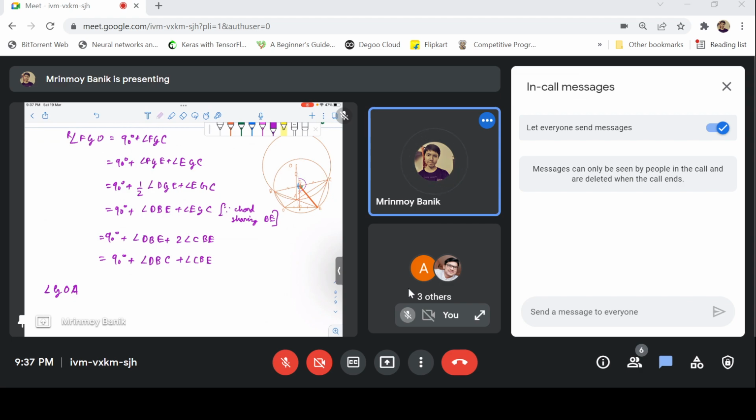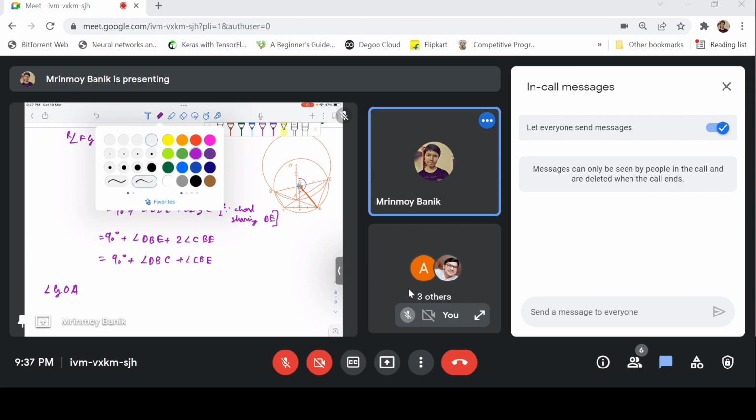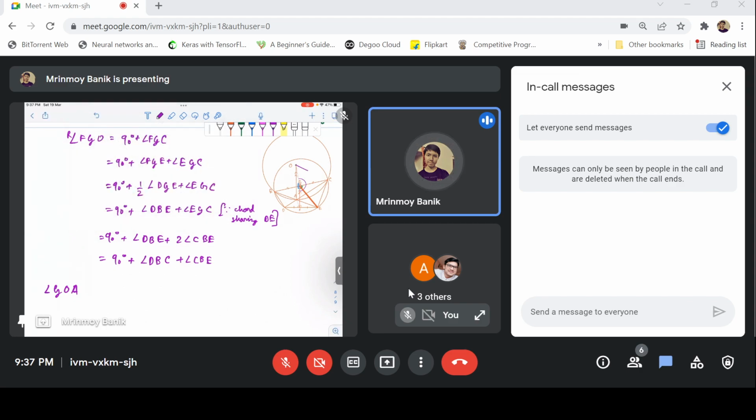So if we join these two, we have GOA equals angle AOC minus angle GOC.